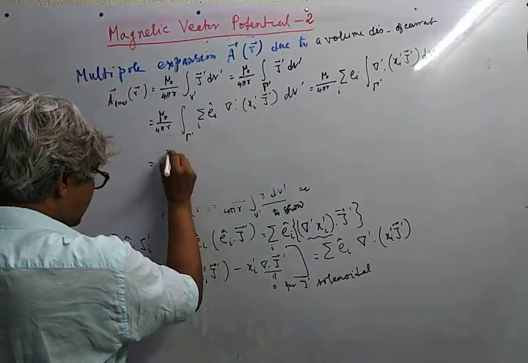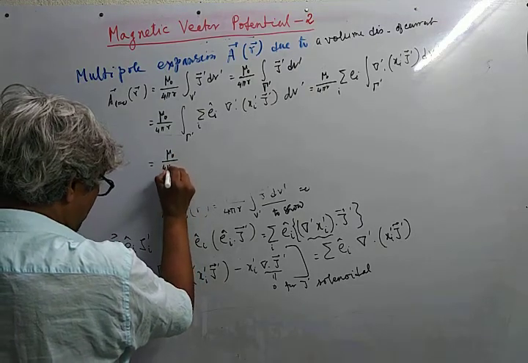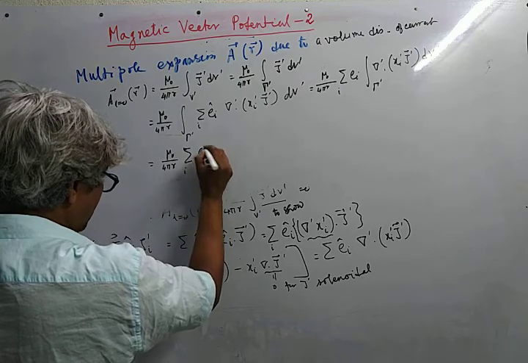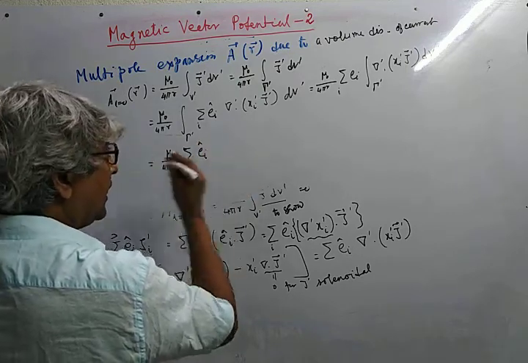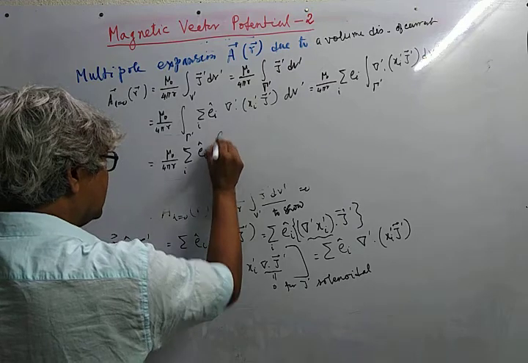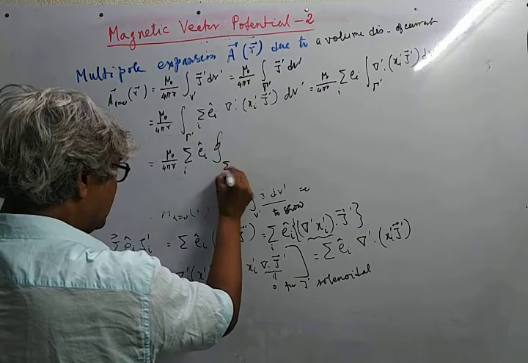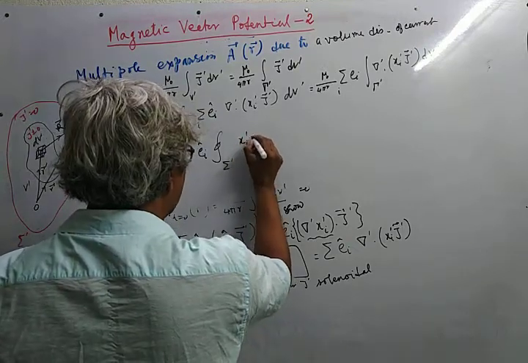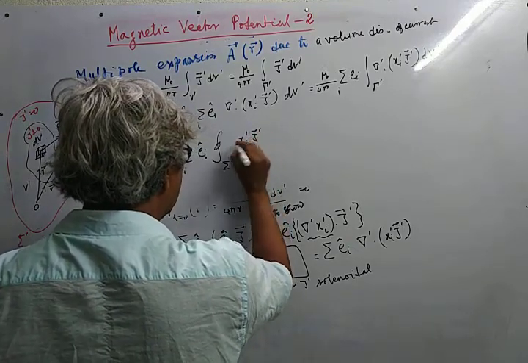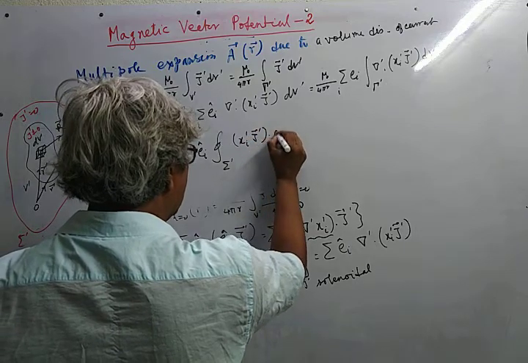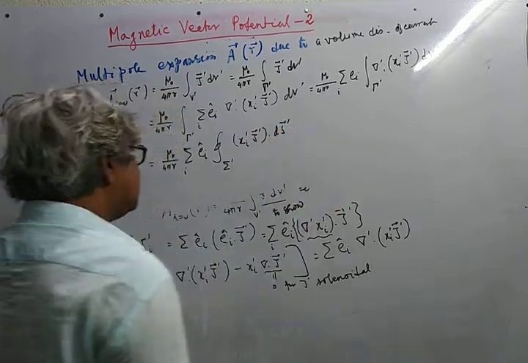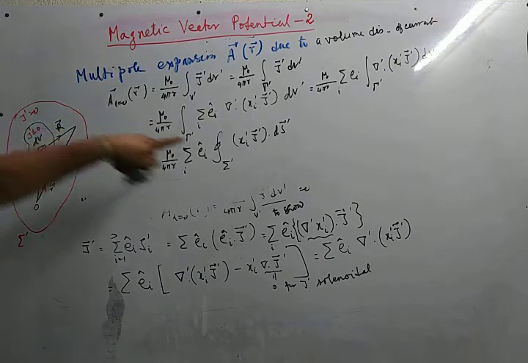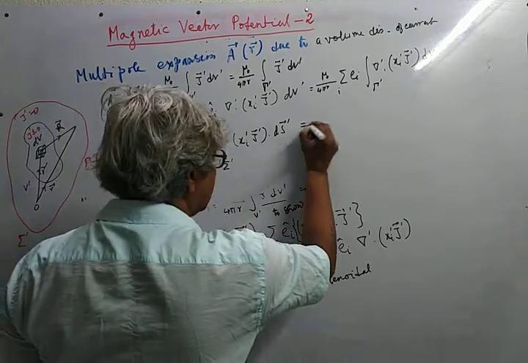So we write mu 0 upon 4 pi R summation over I EI cap, and the rest of the quantity is, since the surface is far away where the current density is 0, so the result is 0.